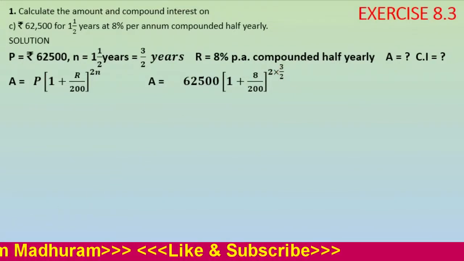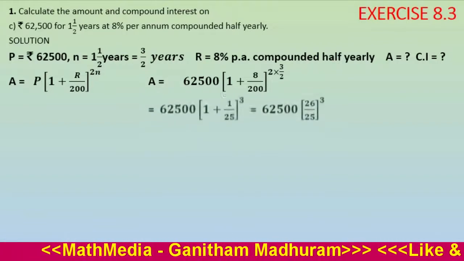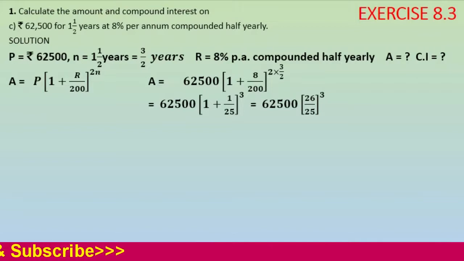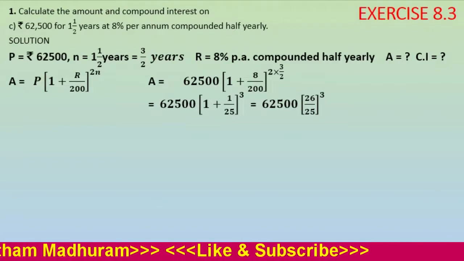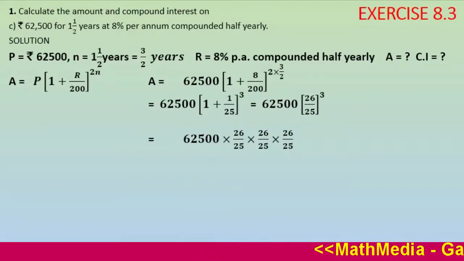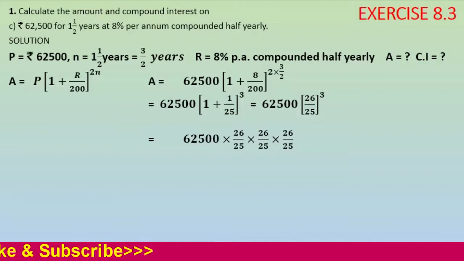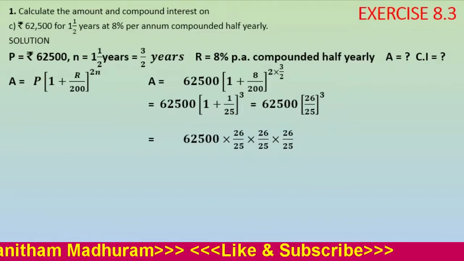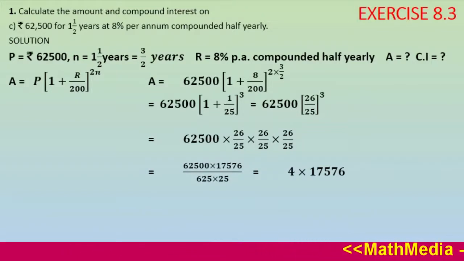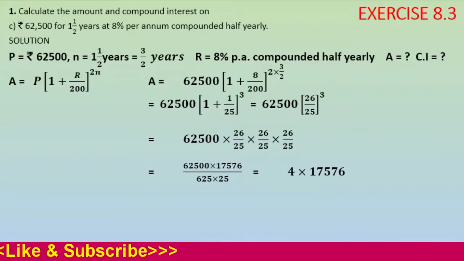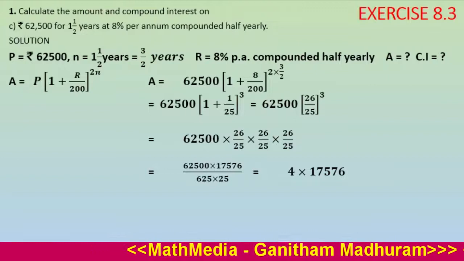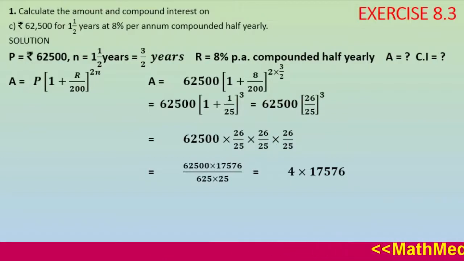So we get A equal to 62,500 into 26 upon 25 whole cube. That means 62,500 into 26 upon 25 into 26 upon 25 multiplied by 26 upon 25. So if you multiply the numerators, 62,500 into 26 cube is 17,576.